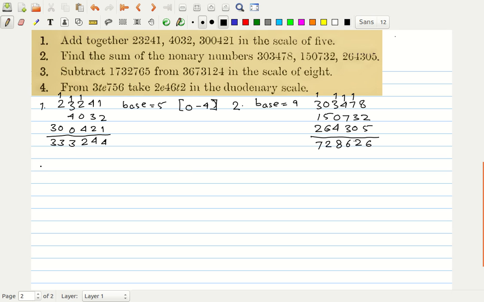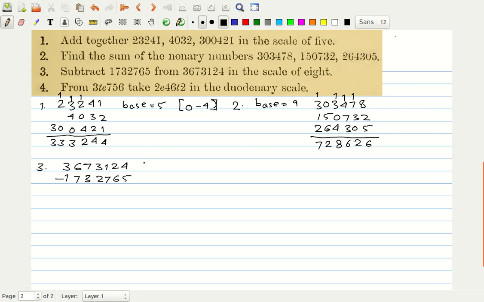Now let us look at subtraction. We have to subtract 1, 7, 3, 2, 7, 6, 5 from 3, 6, 7, 3, 1, 2, 4.